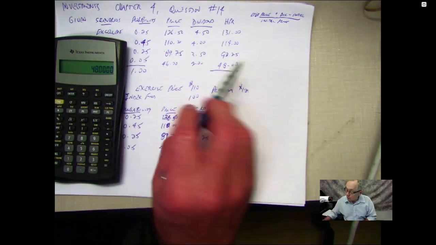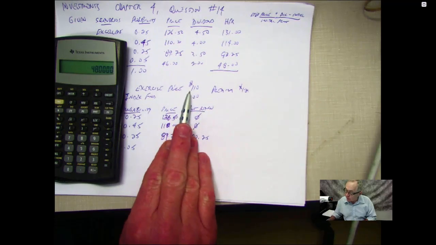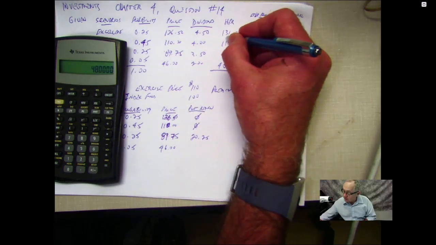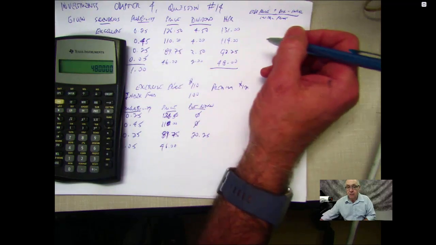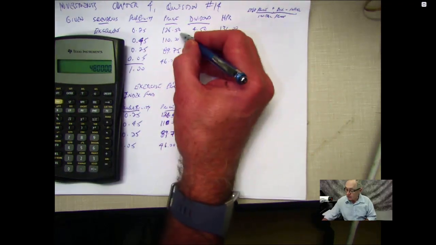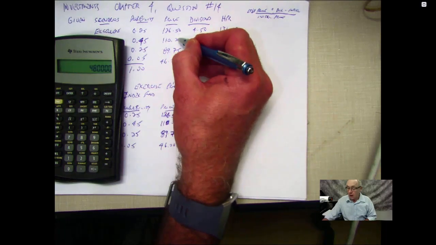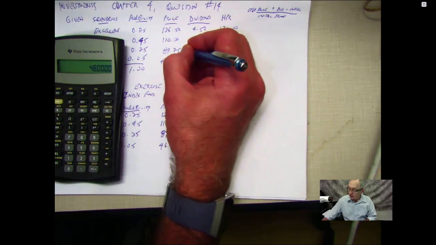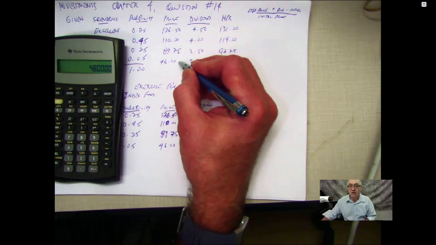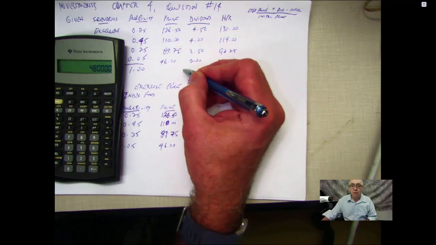You'll notice with our put option at an exercise price of 110, it's out of the money, more correctly following this column, out of the money at 126.50, out of the money at 110, in the money at 89.75, and in the money at 46.